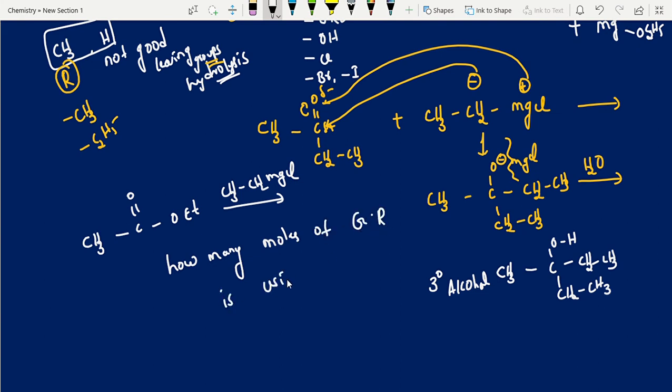So what is the answer, students? See, very easy now. Answer 2. That's it. So after reacting with Grignard reagent, what is the final product? Final product, 3-degree alcohol.